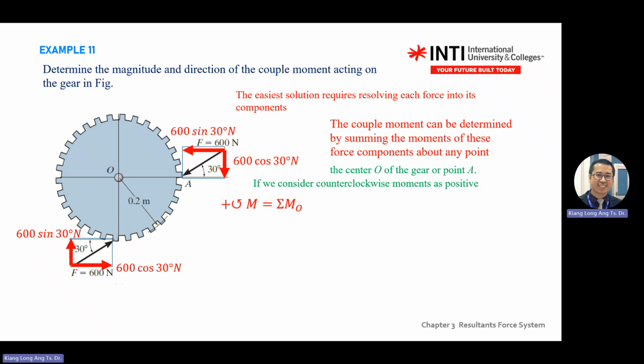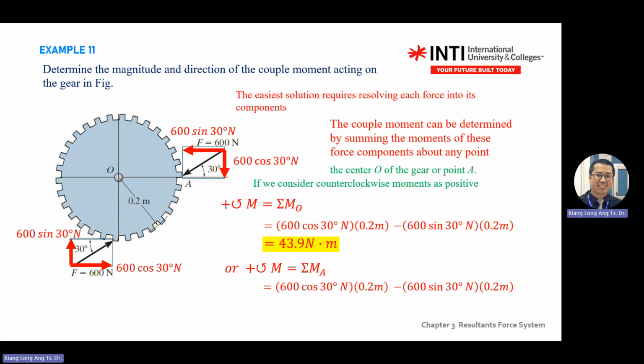Let's say we put the x-axis couple. These two will give you anti-clockwise direction. Then these two y-axis forces will give you clockwise direction. So your answer will get this one. The answer is positive. It means it's anti-clockwise.